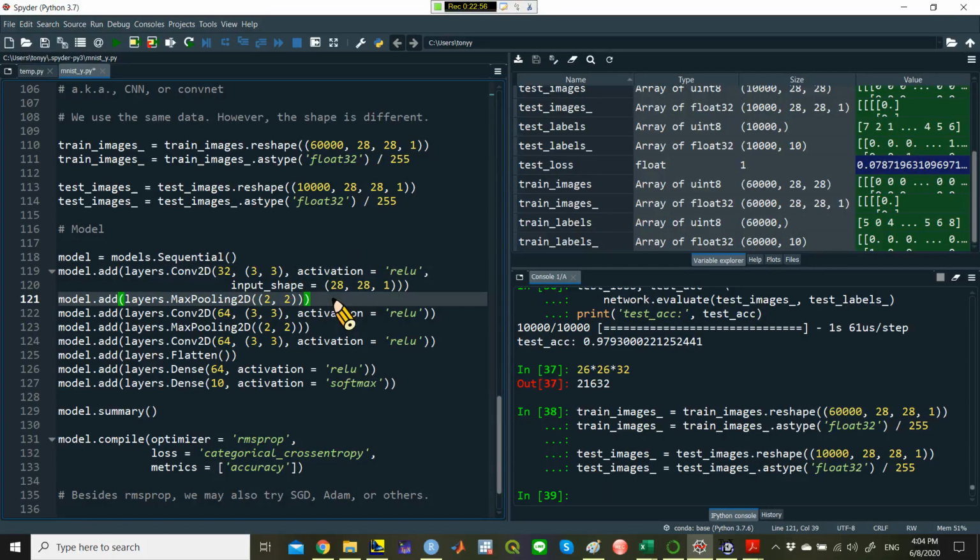Then we say we want to take the maximum. We have a 26 by 26 matrix, we split it into 13 by 13 blocks and take the maximum. Each block is a 2 by 2 matrix. This layer is called layers.MaxPooling2D. And we do it again and again, but in the next step, where I considered only 32 tiles, we consider 64 tiles.